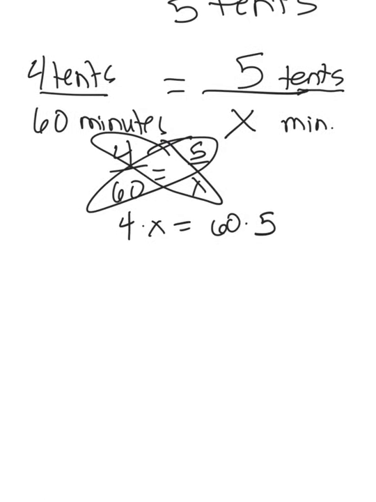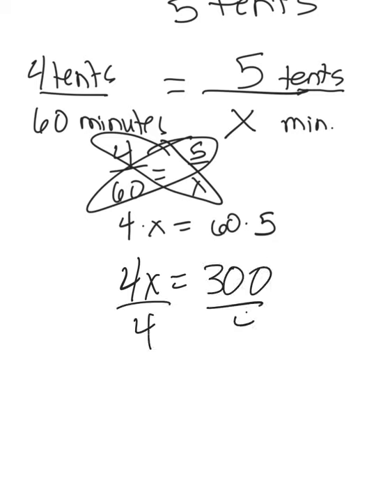Now I'm ready to start simplifying. 4 times x is 4x. 60 times 5 is 300. X by itself. Divide both sides by 4. X equals, I can't do that in my head, so I'm going to have to work it out. I'm not going to use my calculator because I don't know if it's going to be an even number or not.